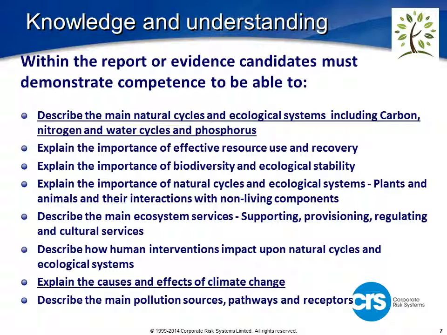For example, describe the main cycles and ecological systems, including carbon, nitrogen and water cycles and phosphorus, could be covered through an outline of how your company contributes to carbon management through burning of fossil fuels or through afforestation projects. This links into the performance criteria 1B and may be linked together.